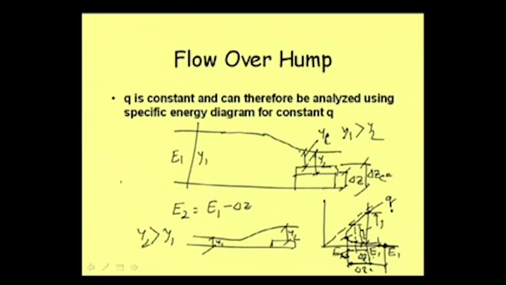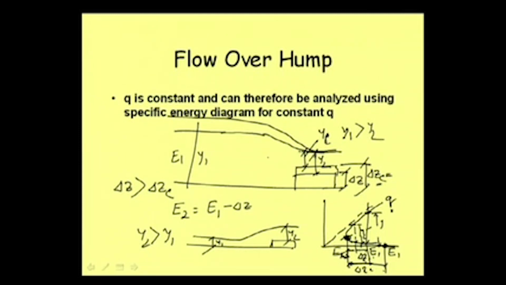So, if delta z is greater than delta zc, that is, the hump height is greater than the critical delta zc, then the depth here will remain critical, because after accommodating this part we again come to critical depth. So, the depth here will remain critical, but the upstream level will rise.